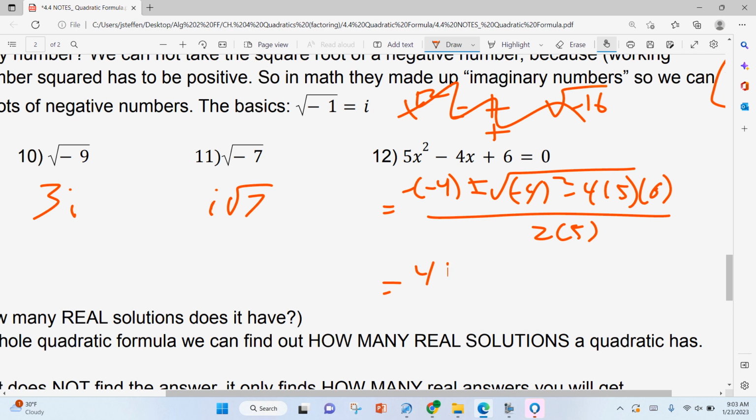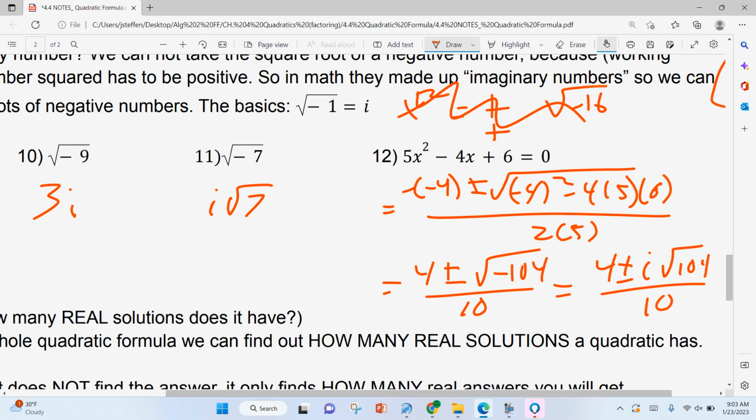And so you'd get positive 4 and 10, and the square root, you'd end up with minus 4 times 5 times 6 is negative 104. You cannot take the square root of that, so literally all you would do with this one is put an i and then positive 104. That's it. That's the only difference for now. We're going to learn a little bit more about that.